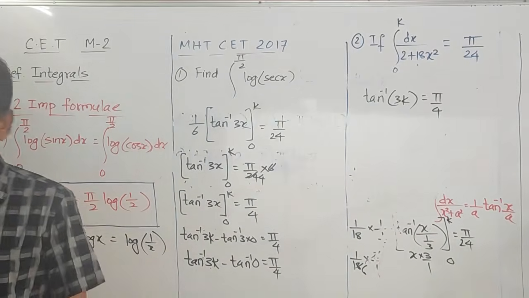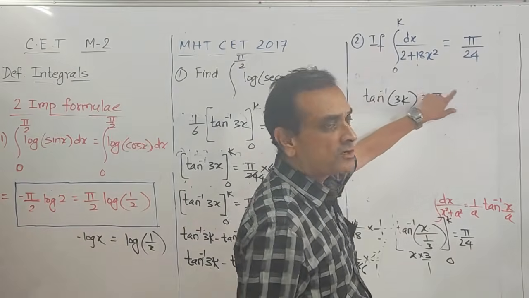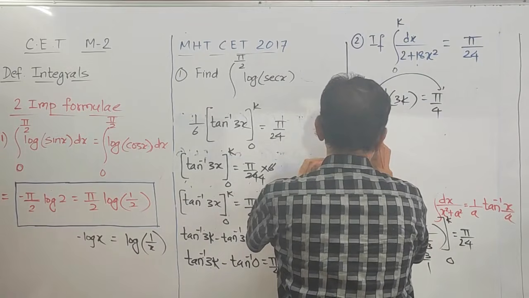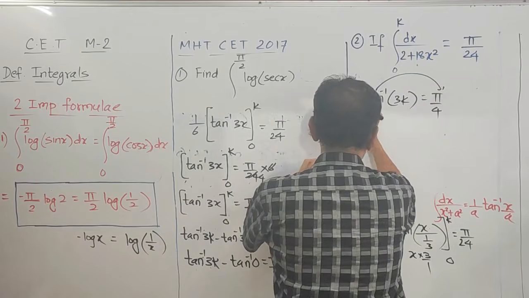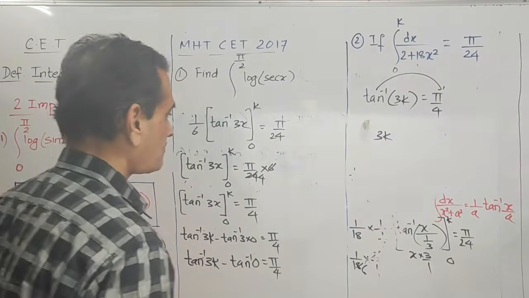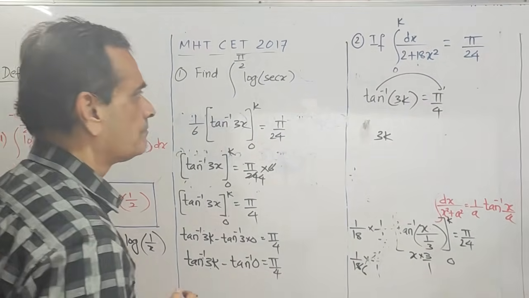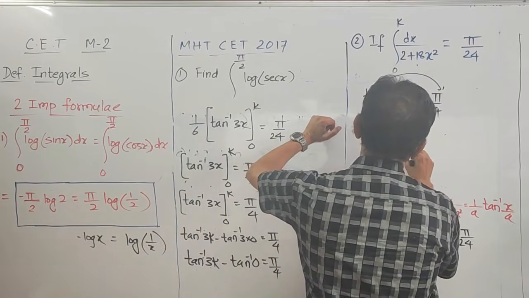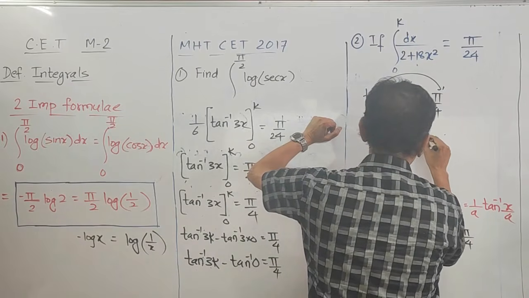So how do you solve this? Take tan inverse on the other side, on the right hand side. So what remains is only 3k. Tan inverse goes on the other side as tan pi by 4.